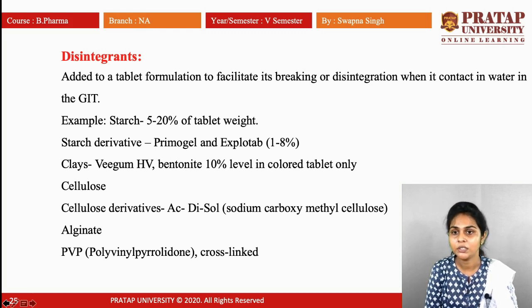For example, starch. When you take starch as a disintegrant, it should be 5 to 20% of tablet weight. Starch derivatives, clays, for example Veegum HV or bentonite 10%. Cellulose derivatives, we can use Ac-Di-Sol, that is sodium carboxymethyl cellulose, alginates, and cross-linked polyvinyl pyrrolidone.